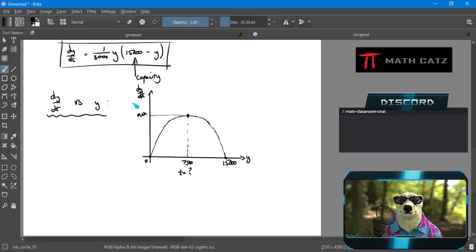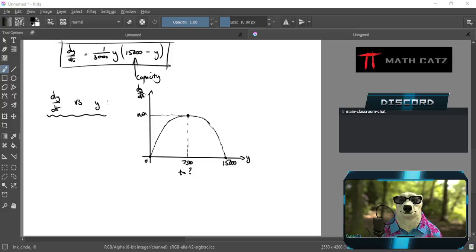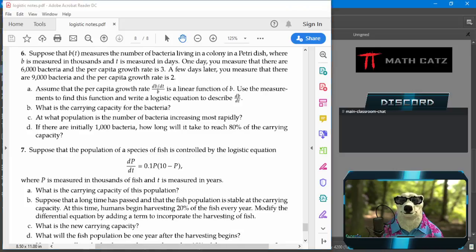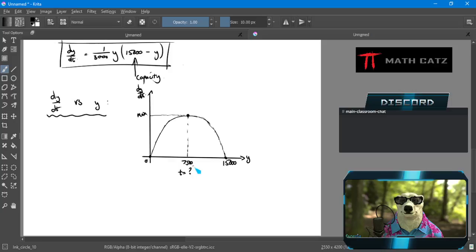But for that, we need to solve this differential equation and find the function that has time in it. So the last part of the question is, if there are initially 1,000 bacteria, how long will it take to reach 80% of the carrying capacity? And perhaps we also want to know, this is 50% of the carrying capacity, when does that happen?